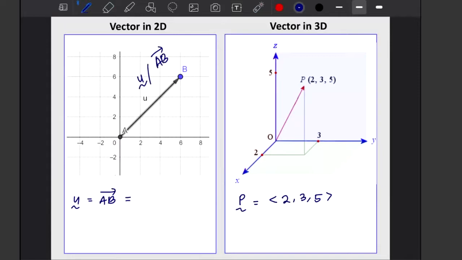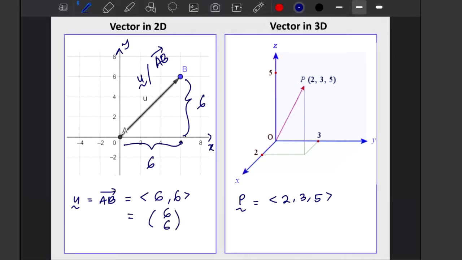Look at the component of x and y. This is how we write vector: 6, 6. Or you can write it in the form of array, 6, 6. Next we have vector in 3-dimensional.